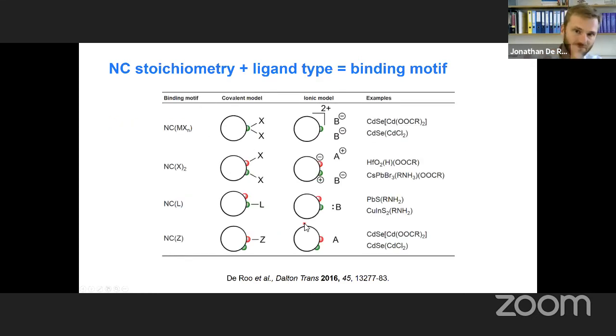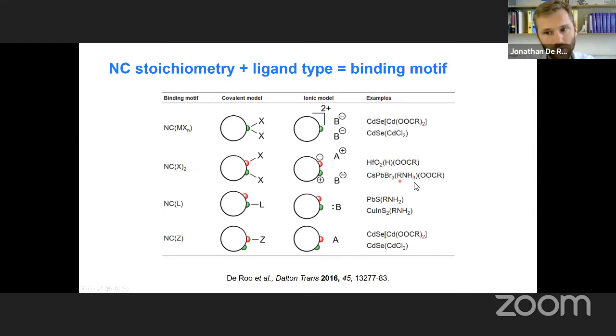Now, like I said, we can also do this with the ionic model, which I start to prefer a bit right now, because it does not require covalent bonds. For example, for hafnium oxide, you can argue that the hydrogen, the proton, has a covalent bond with the oxygen, but it's much harder to do with, for example, an ammonium ligand.